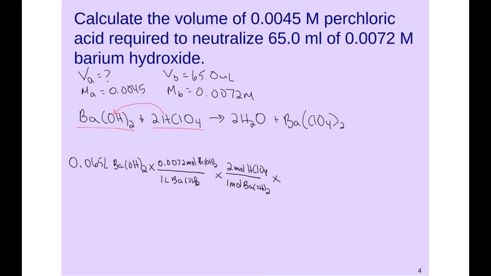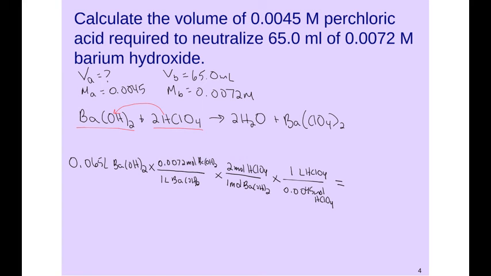And then finally, now that we've converted to moles of perchloric acid, we're going to use the concentration of the perchloric acid that we have, which is 0.0045 moles of our perchloric acid per 1 liter. So that is some solid solution stoichiometry there.